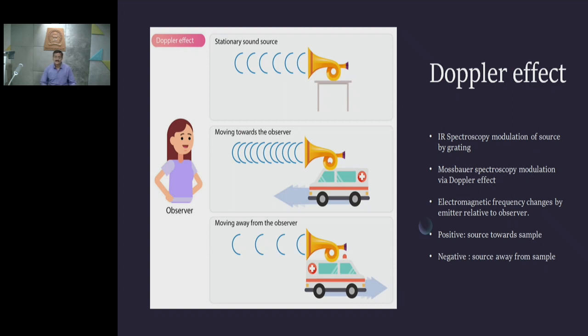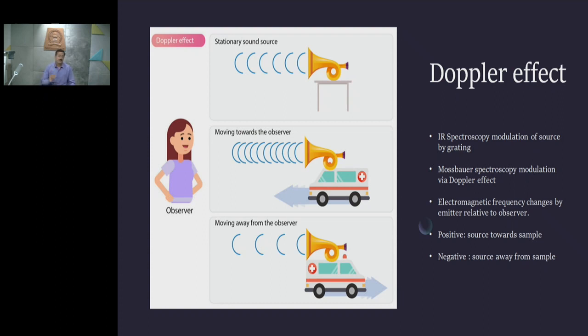So why is there a need for modulation? Modulation plays a major role in giving the particular frequency or wavelength of light which causes absorption and emission. So there is a need for modulation: in IR by using a grating, while in Mossbauer using the Doppler effect.